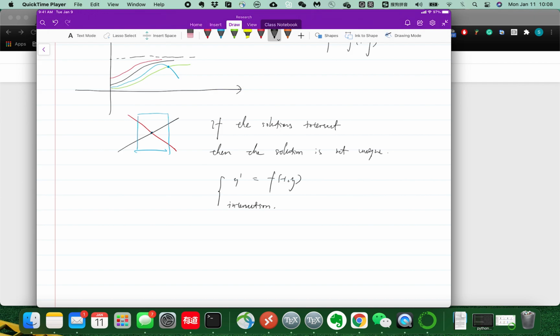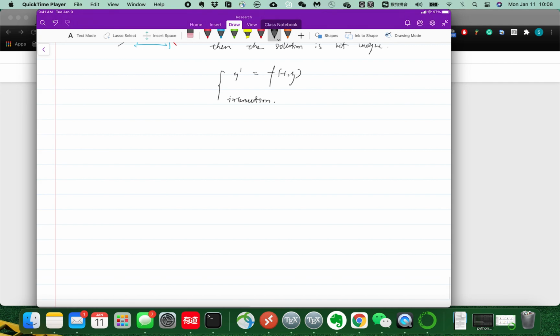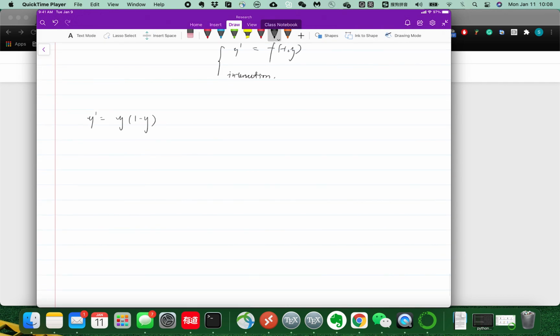Why? Well, think about this example again. This one has many, many solutions, right? We know 1 is kind of like the threshold. Below 1, you go like that, logistic growth toward the capacity. Above 1, you go like that.